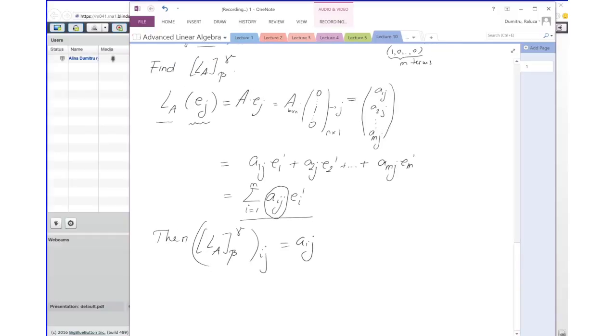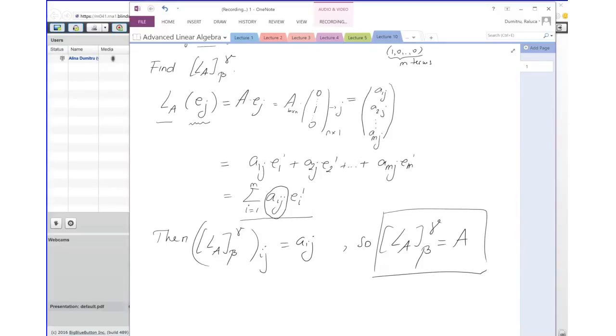Who is Aij? The ij entry of A. Since they agree entry-wise, the matrix of L sub A is in fact A.